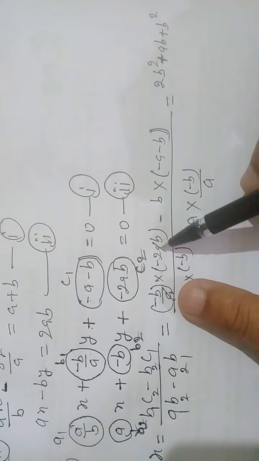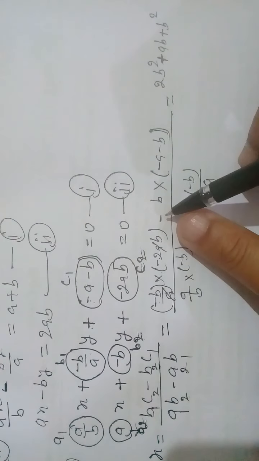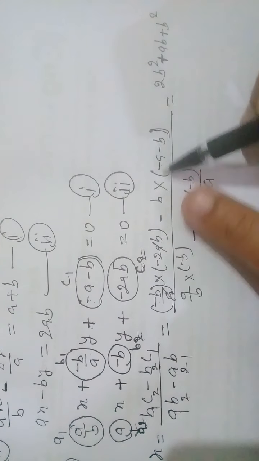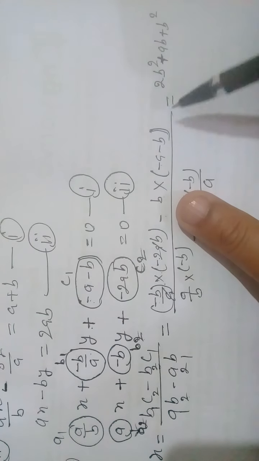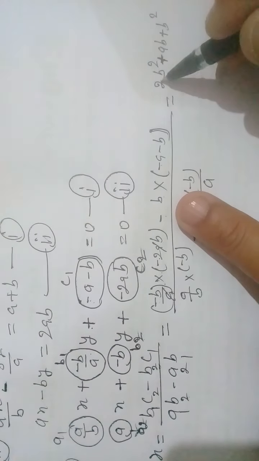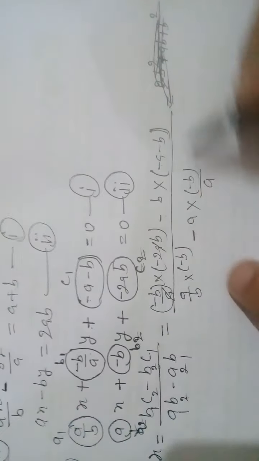Here 2B square minus B minus minus plus AB. Here the multiplication is wrong.